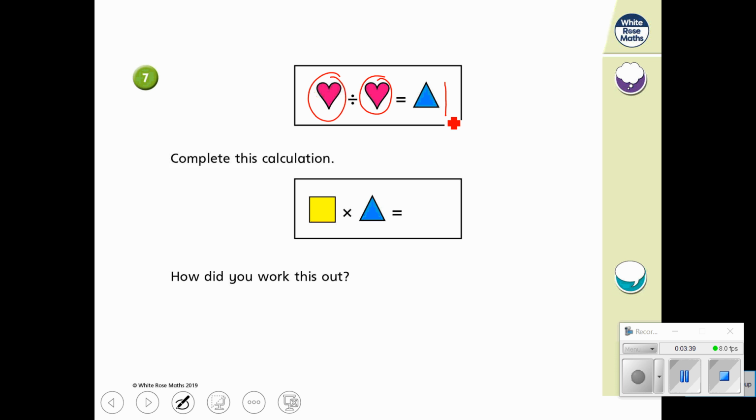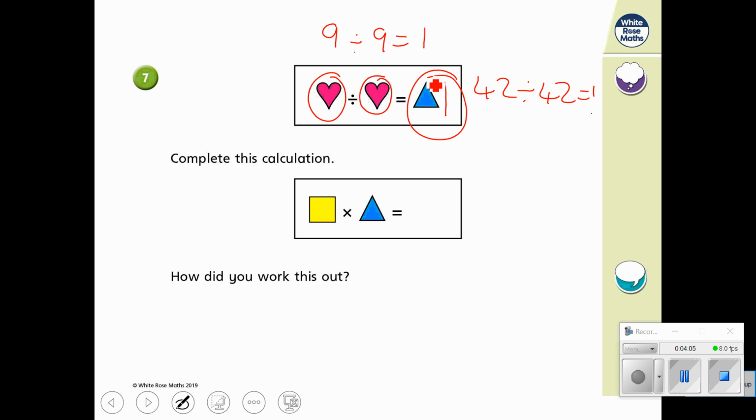Let's substitute some numbers in here just so that you understand. Imagine that the heart was worth 9. If I divided 9 by 9, I would get 1. Imagine that the heart is 42. If I divide 42 by 42, I would get 1. So always, if you divide a number by itself, your answer is 1.